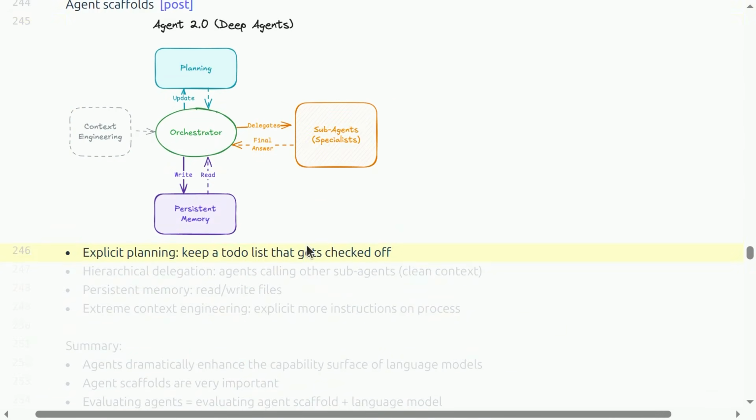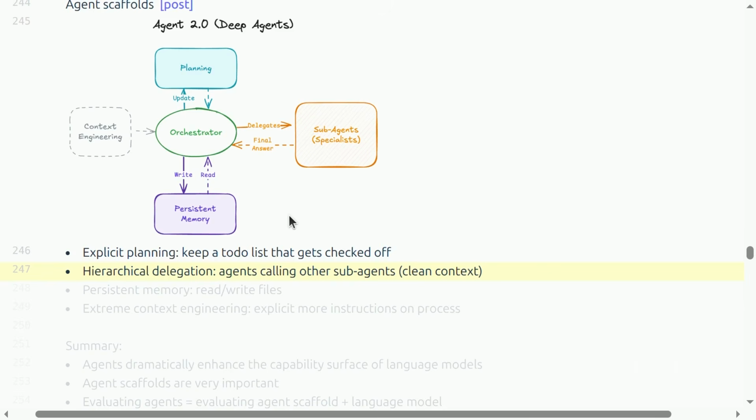One thing that people realize is that explicit planning is helpful. You can't just stream-of-consciousness chain of thought this and build up context, because the agent can easily lose track of where it is. So instead, keep a to-do list and get it checked off.